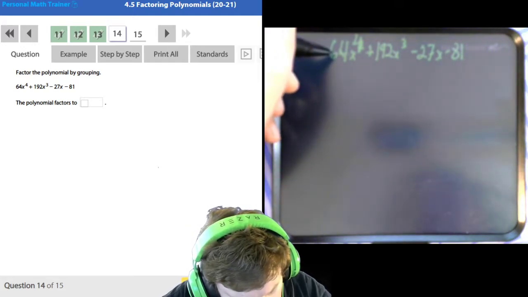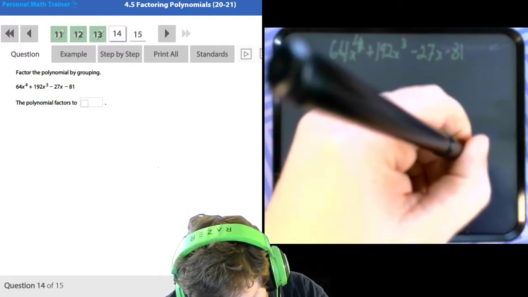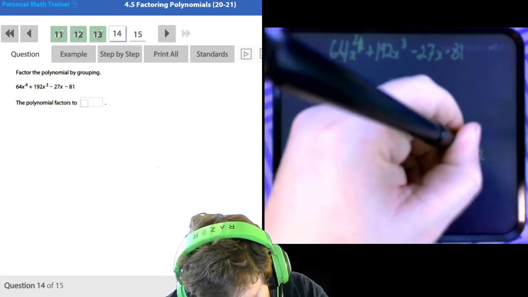Alright, so I see the x cubed, but I'm not sure how 192 boils down.